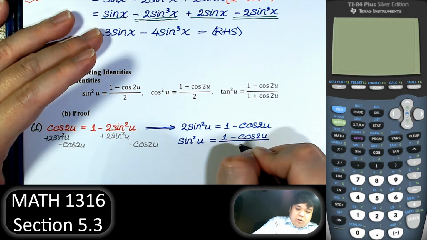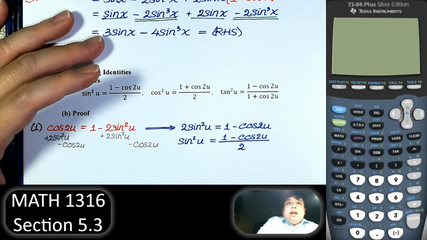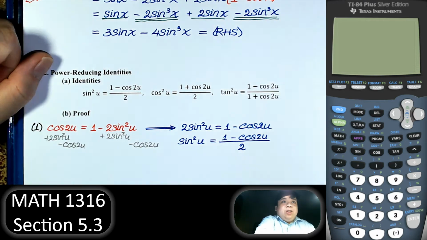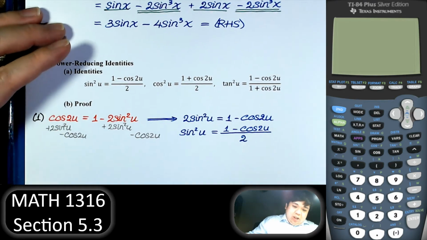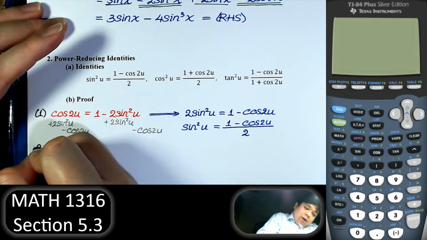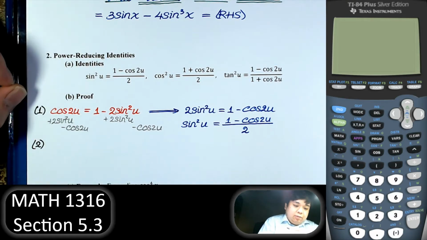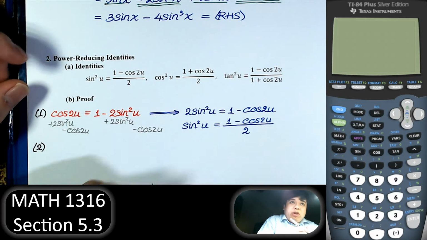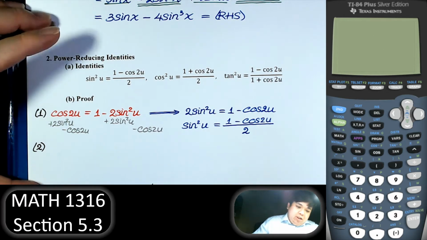Divide by 2. That's what we have. So straightforward. So this, of course, will come from the double angle formula. Except that one is a little more difficult to prove, but the first two will be easy.